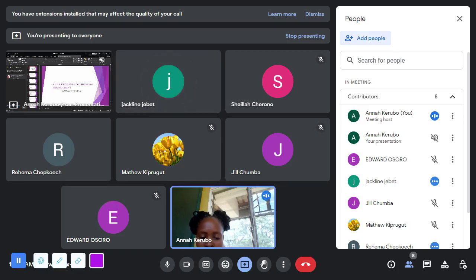What do you understand by sources of finance?